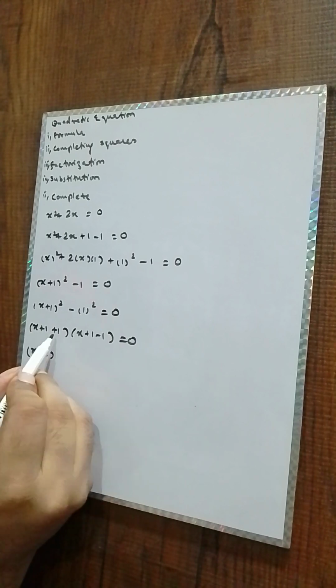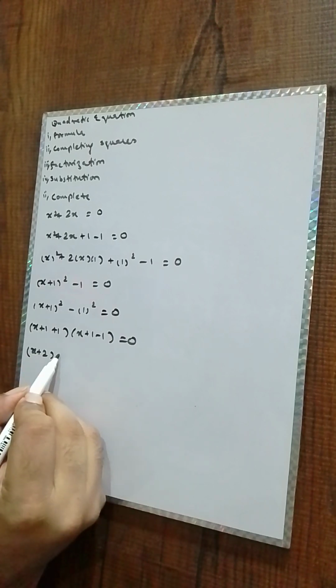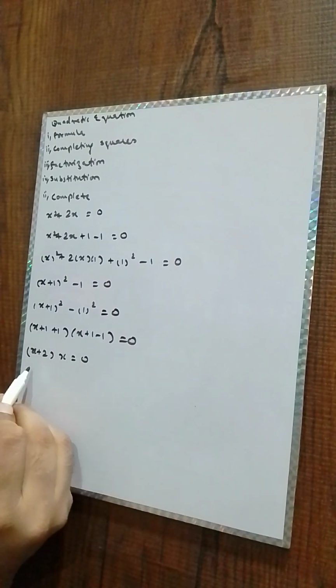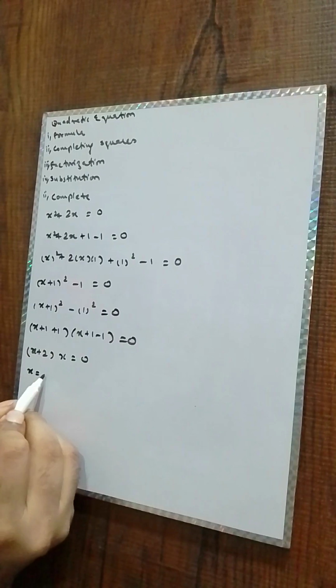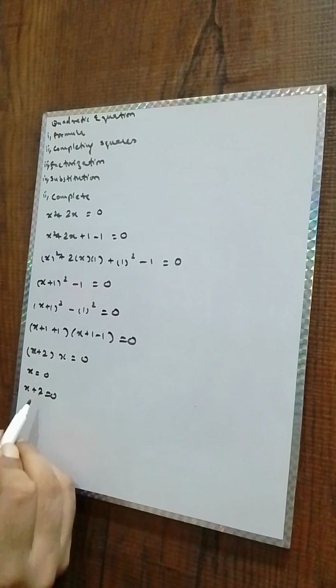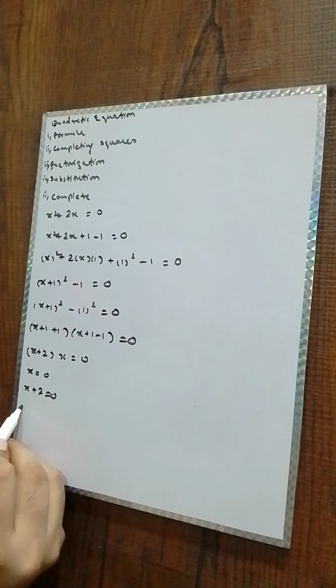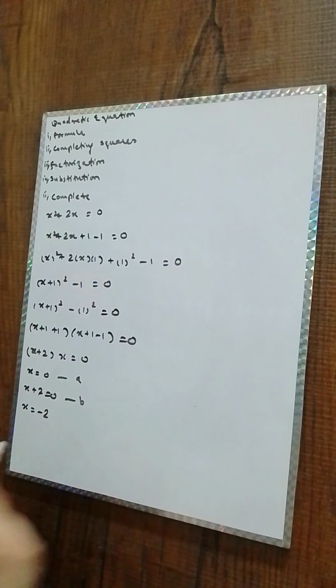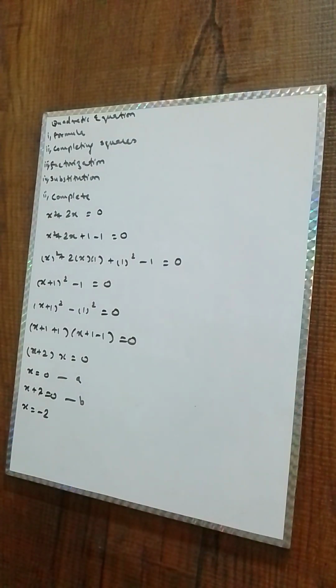So x plus 2 into x is equal to 0. So now we have two solutions: x is equal to 0, or x plus 2 is equal to 0. Both are possible, and x plus 2 is equal to 0 implies x is equal to -2. Yes, so this is what we did with our squares.